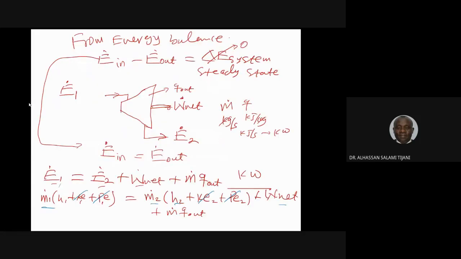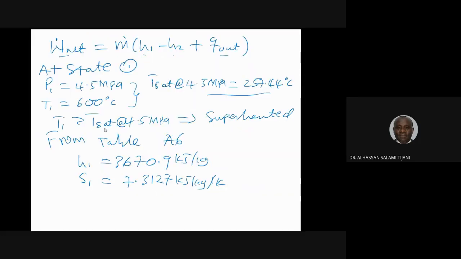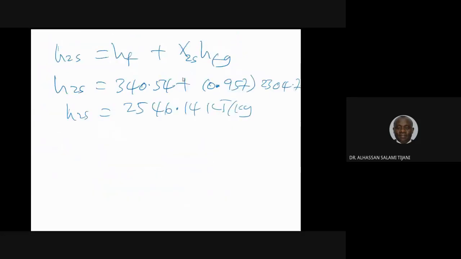From the energy balance, we deduce that W net equals mass flow rate times H1 minus H2A minus Q out.